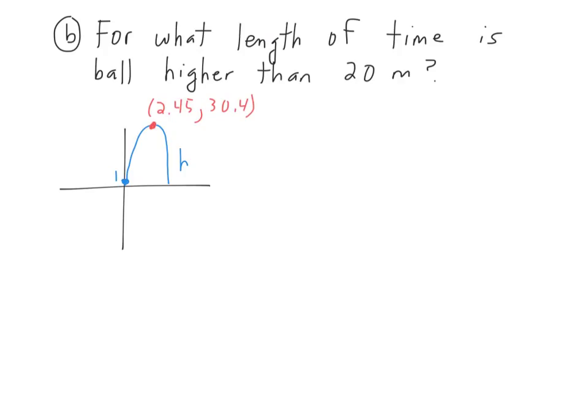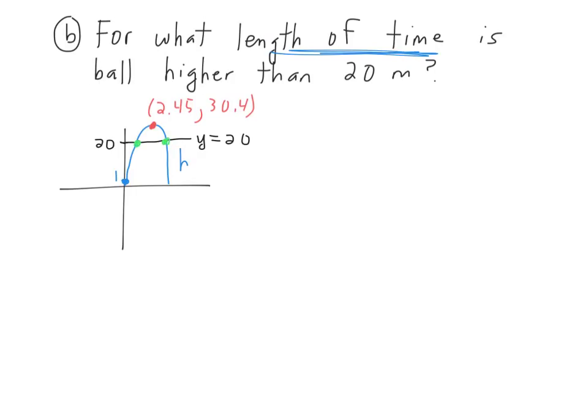Okay, so we're looking to find the length of time. So how much time is the ball higher than 20? So what you want to do is approximate where 20 is on your graph, and then we're going to draw a horizontal line here. Okay, so y equals 20. So where this intersects, that represents where the height is equal to 20.